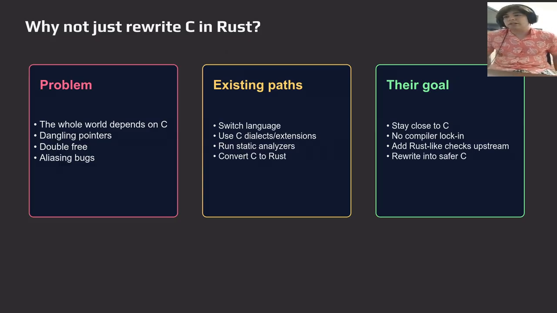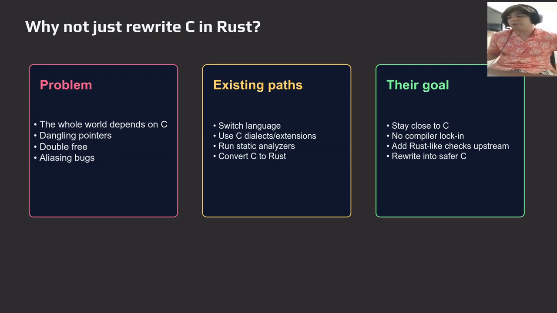Before this paper, the main options were to switch the programming language, to use some extensions of the C programming language, or to use a tool to convert C into Rust.